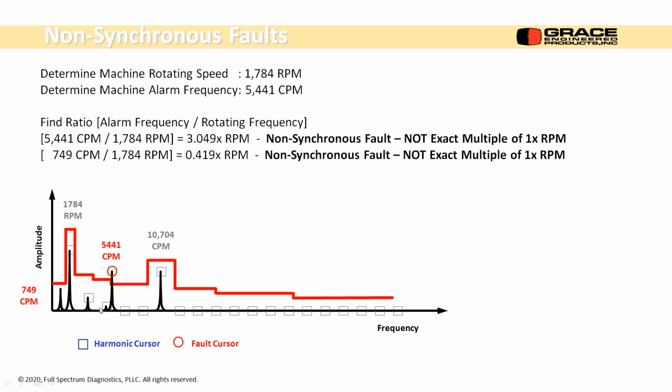So it's really close. There's your 3 times. So I have 1 time, 2 times, 3 times, 4, 5, 6. This is my harmonic cursor. So I am not at 3 times, I'm just above it. Okay. Seems subtle, but you'll get the idea. So that is very likely a bearing defect frequency that's showing up.